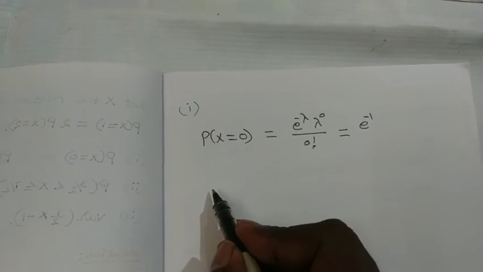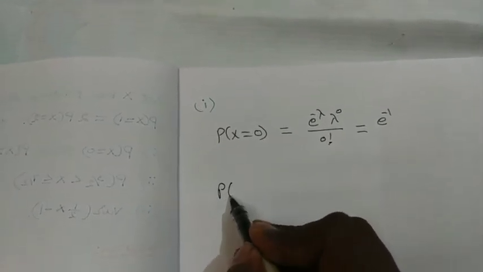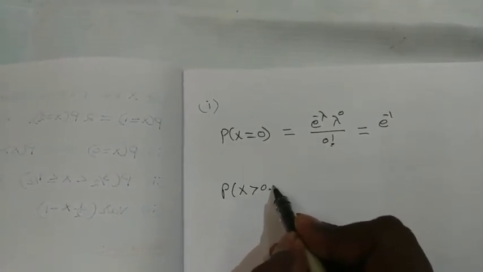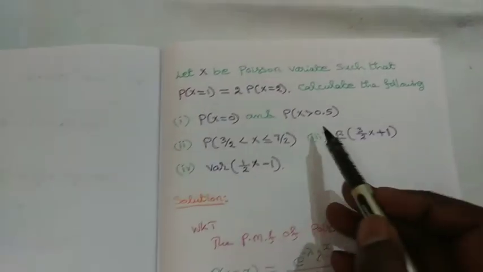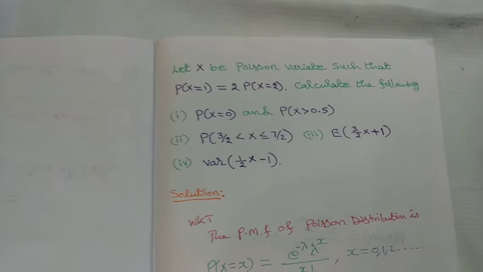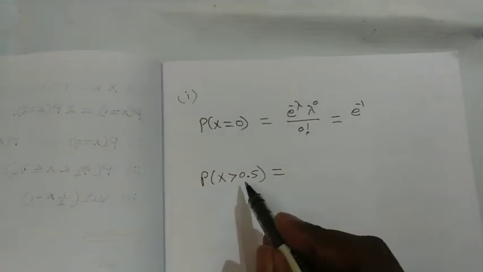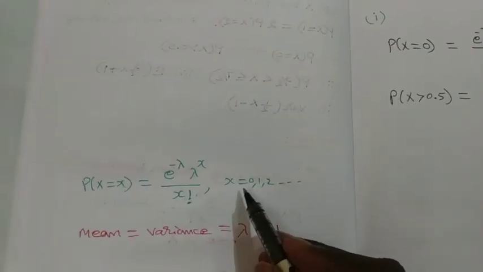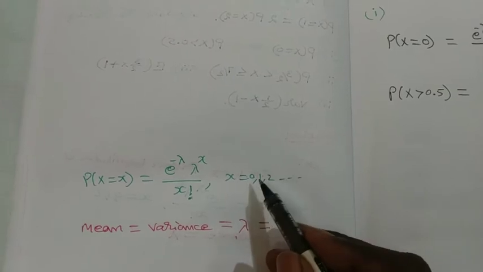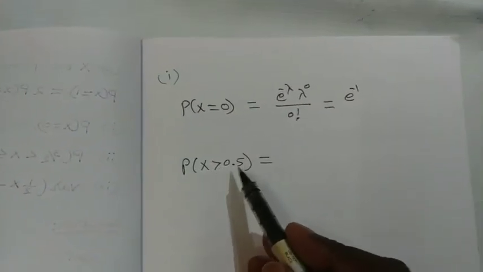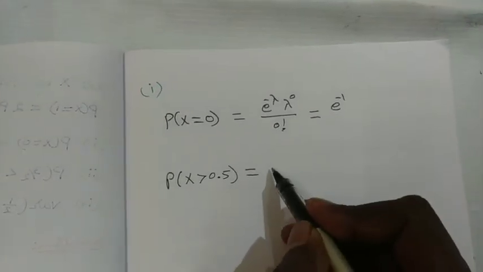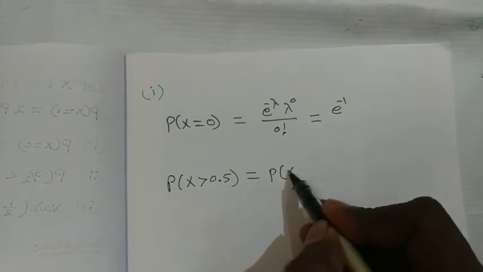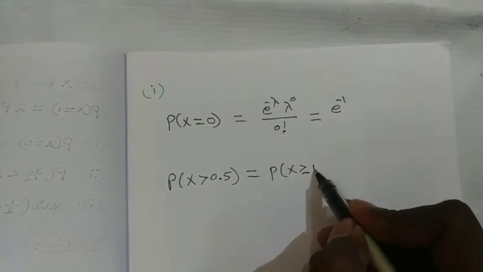Second one, we have to find P(X > 0.5). To find this, in the Poisson distribution, the values of X are integers 0, 1, 2, etc. So here X is greater than 0.5. 0.5 is a non-integer, so greater than 0.5 obviously means X is greater than or equal to 1.